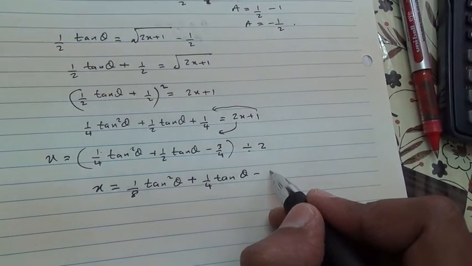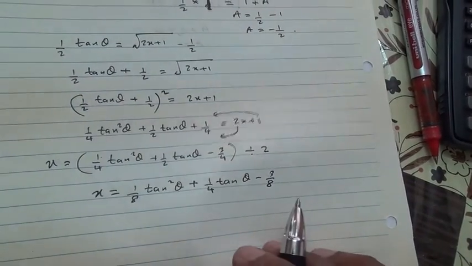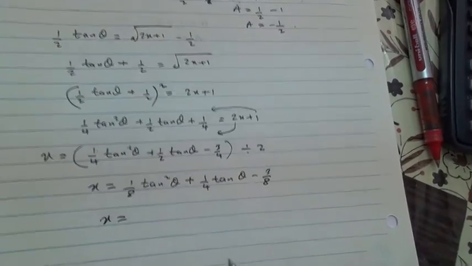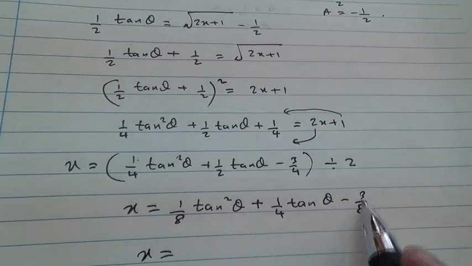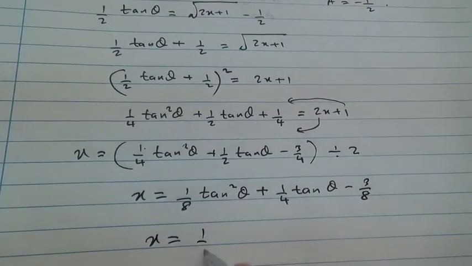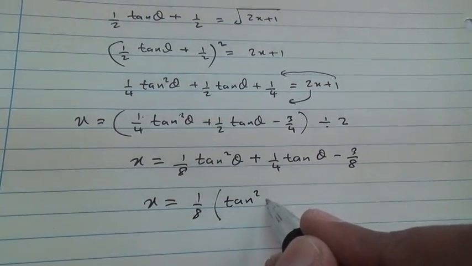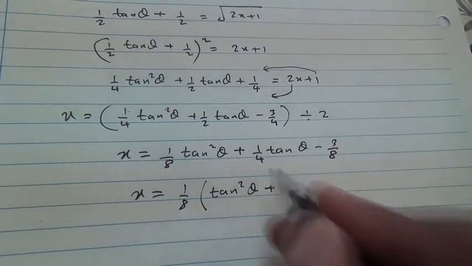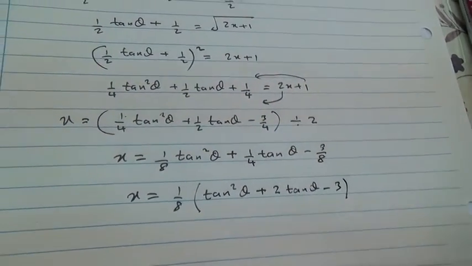So what else again? x is going to be then 1/8 outside, and you're going to end up with 1/4 tan squared theta plus 2 tan theta minus 3.